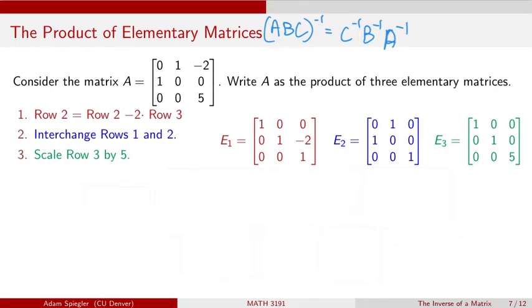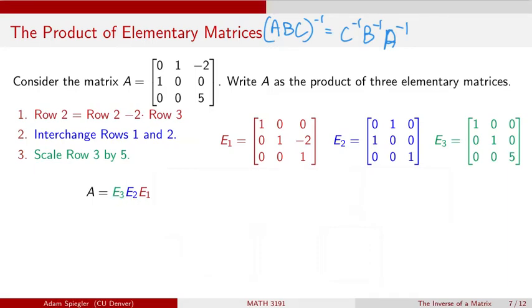So if I apply E1, then E2, then E3, that's equivalent to doing matrix A. So matrix A is the product of these three matrices in this order. E1 is the first thing that we multiply by, then we apply E2, then E3. Just as with functions, we start on the right, and this is the first operation that's applied. Then I compose it with the next operation, and then the next operation.